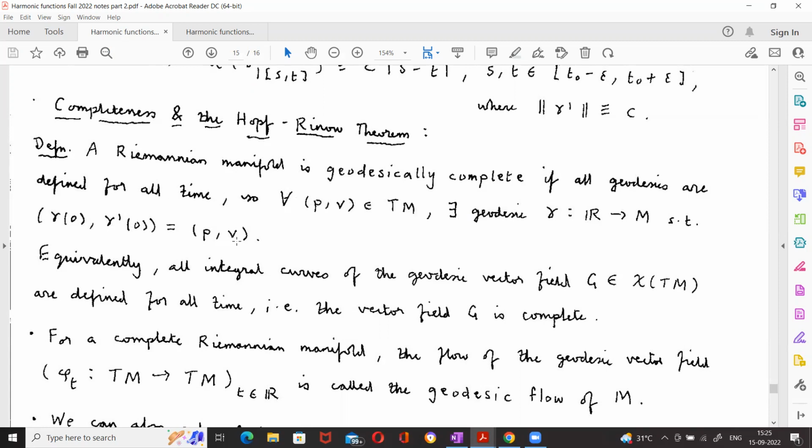Okay. So equivalently, all integral curves of the geodesic vector field on the tangent bundle are defined for all time. That means the vector field G is what we call a complete vector field, right? Integral curves are defined for all time.